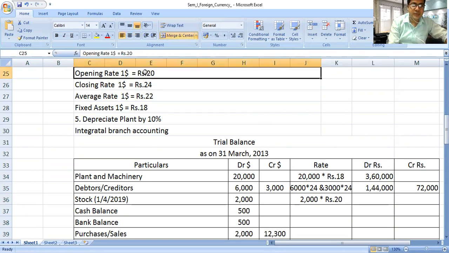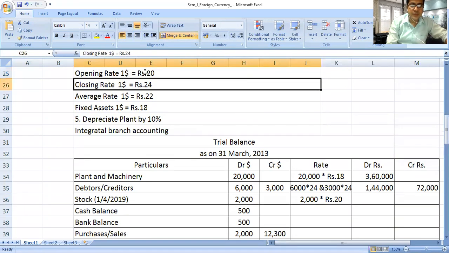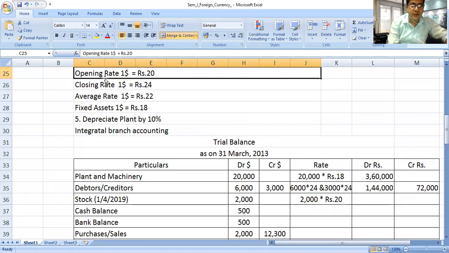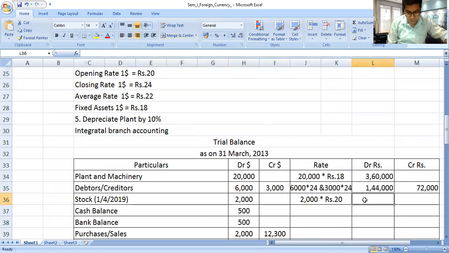Always keep in mind, for opening stock always consider the opening rate. The opening rate is rupees 20 per dollar. So 2,000 into 20, the value will be 40,000.